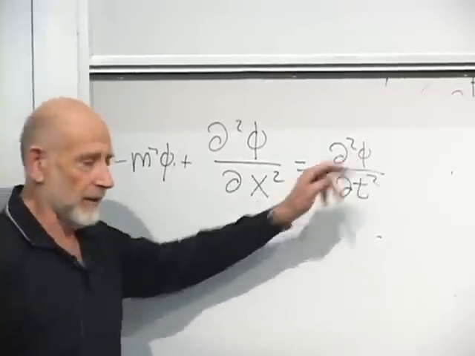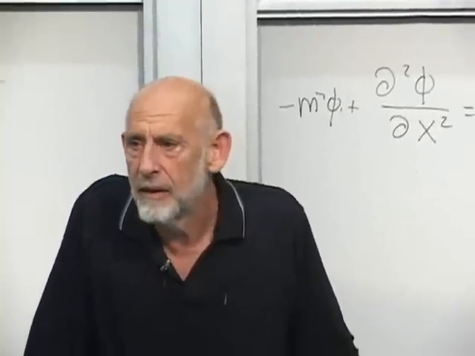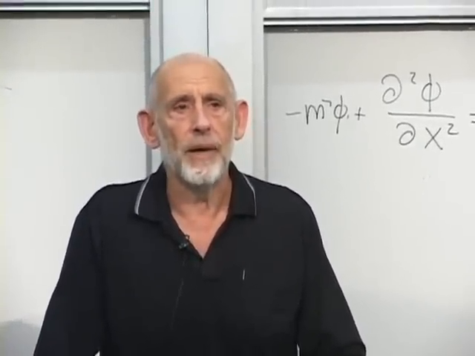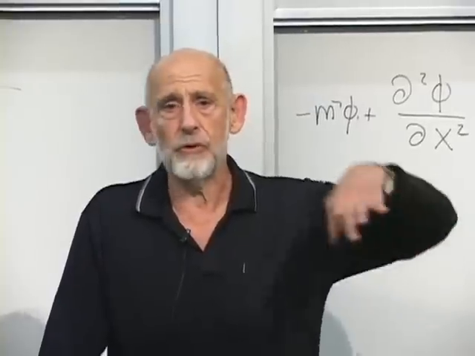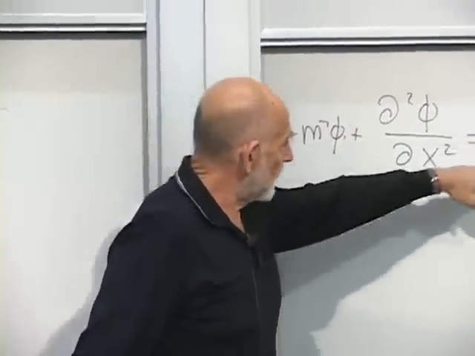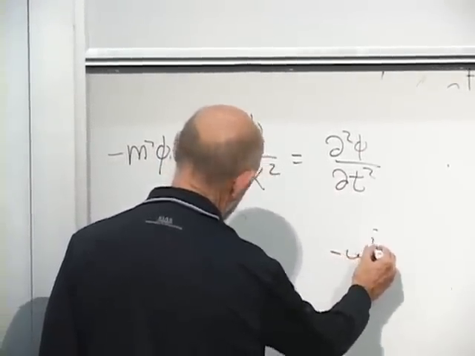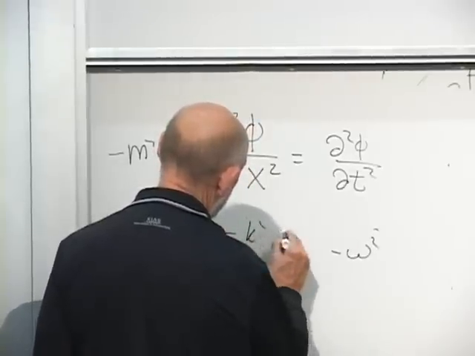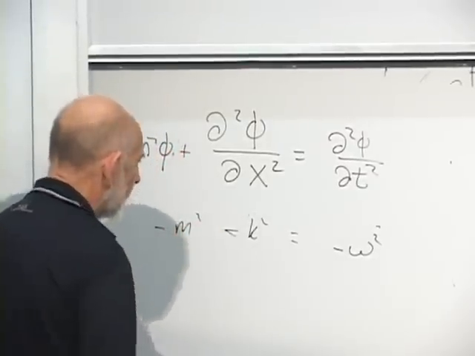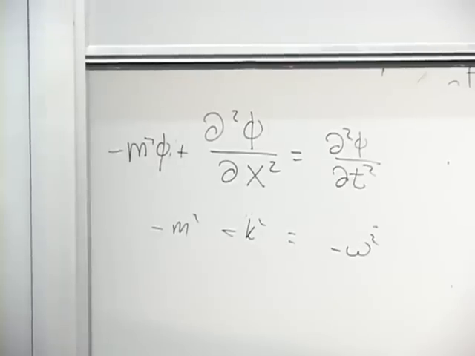Incidentally, is the derivative with respect to t omega or I omega? I omega, right? If we have something that goes as e to the I omega t and we differentiate it, it gives us an I omega. So this is really another way of talking about minus omega squared, this is minus k squared, and this is minus m squared, which is the same as omega squared equals k squared plus m squared, this one here.